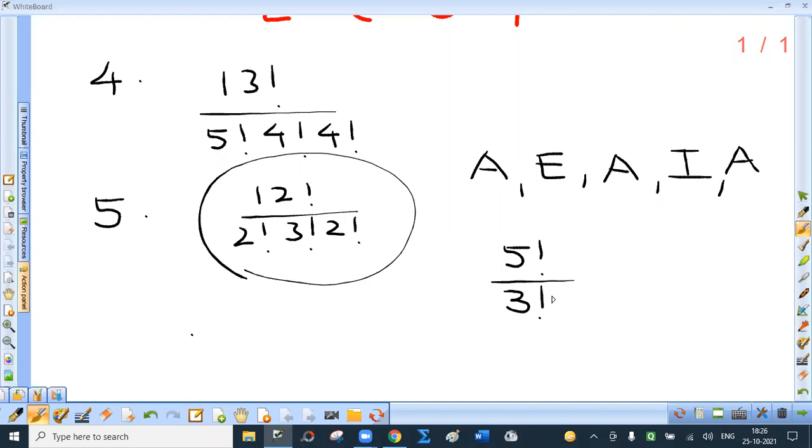Therefore, number of arrangements equal to 8 factorial upon 2 factorial into 2 factorial.